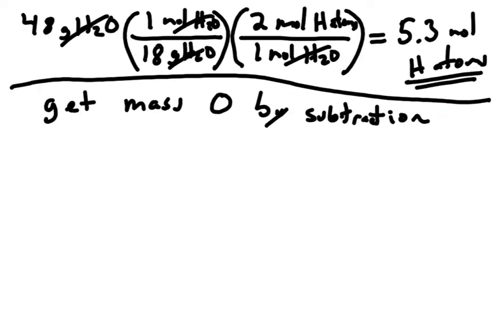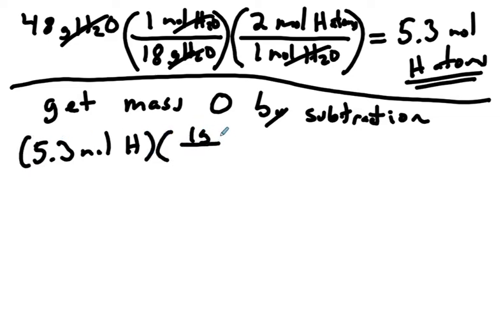Okay, so we get the mass of oxygen by subtraction. So we say we had 5.3 moles of H atoms, and we know that each atom is 1 gram of hydrogen per 1 mole of hydrogen. Okay, we could use more sig figs if we wanted to by using the periodic table. We'll just use 1. So that's 5.3 grams of hydrogen in our original compound.